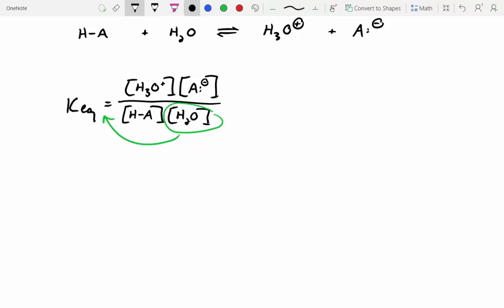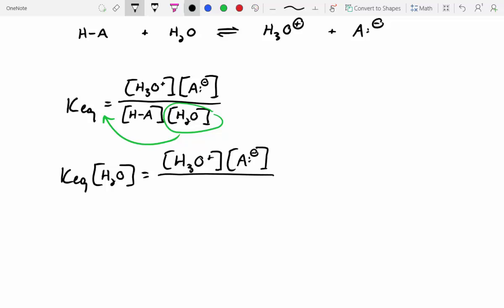Algebraically, we can say Keq times this constant of water can be defined as this concentration of hydronium times our concentration of our conjugate base, and this is now over our concentration of our acid without water. So really, we just multiplied both sides by that concentration of water because it's a constant.